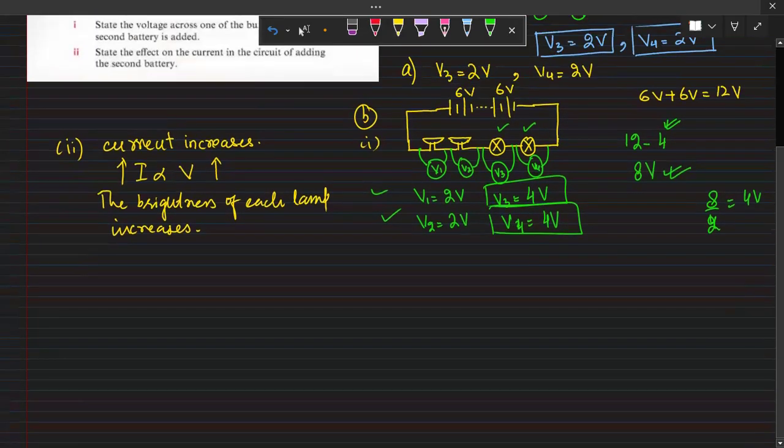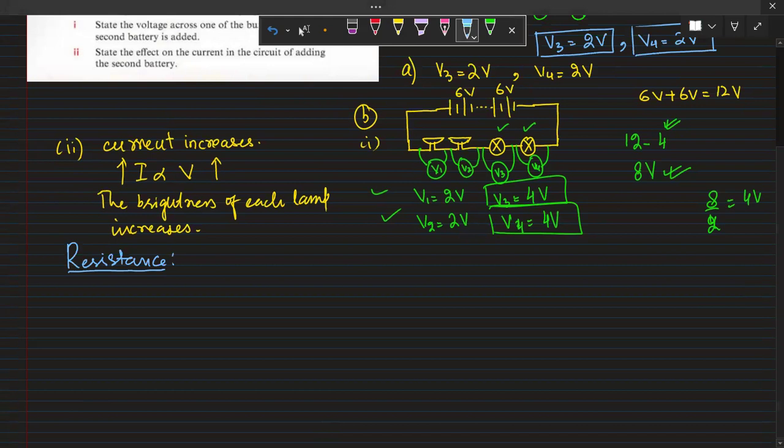Now we're going to talk about resistance. What is resistance? Resistance is a measure of how easy or difficult it is for the electrons to move through a material.